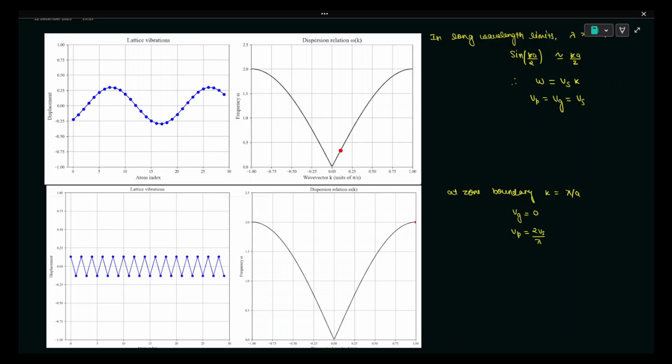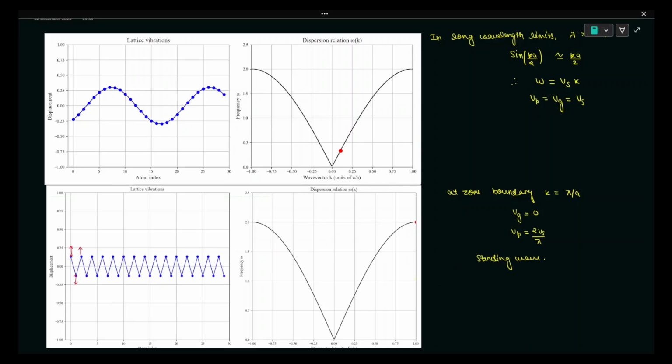And here also you can see that at the zone boundary, the vibrations form a standing wave pattern, where all the neighboring atoms move opposite to each other. If this atom is moving upwards, the next neighboring atom will move downwards, and the next will move upwards. In this way, it forms a standing wave.